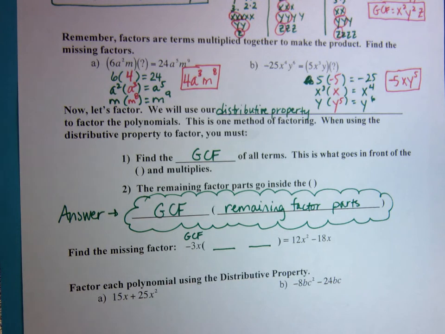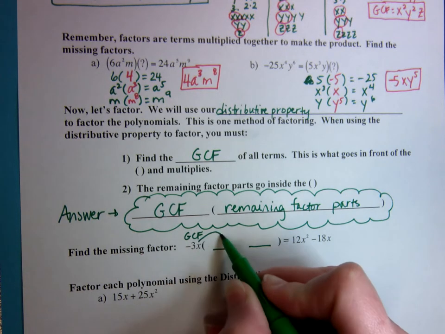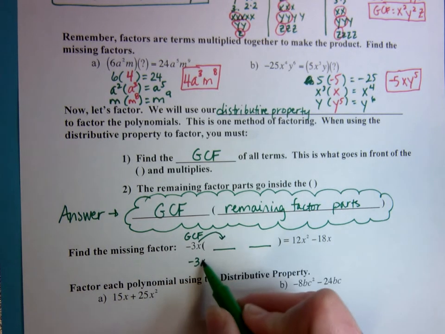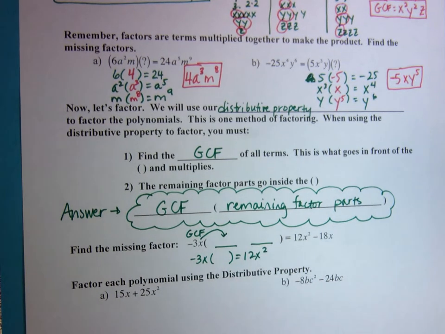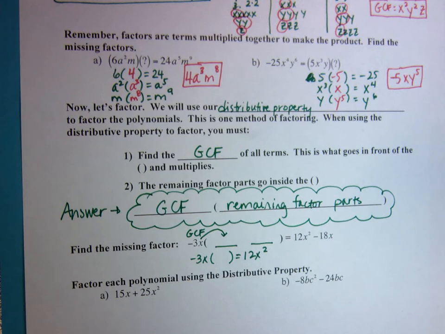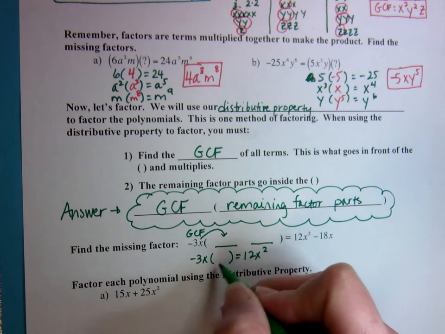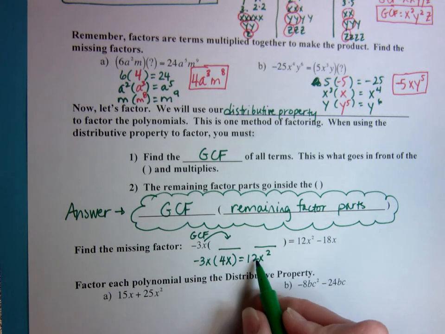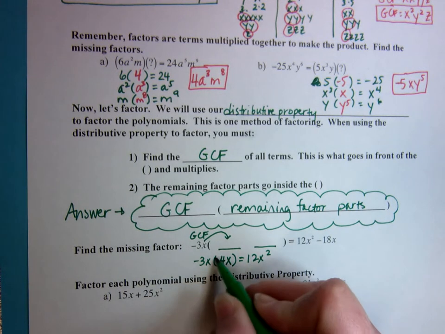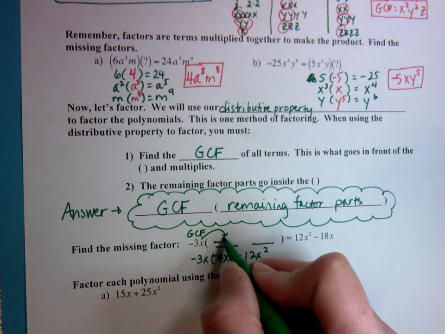Okay, so let's do the first one. We say negative 3x times what will give me 12x squared? 4x. Is it 4x? Negative 3 times 4 gives you 12? Negative 4x. Negative 4x. Good. So we're going to put a negative 4x right here.